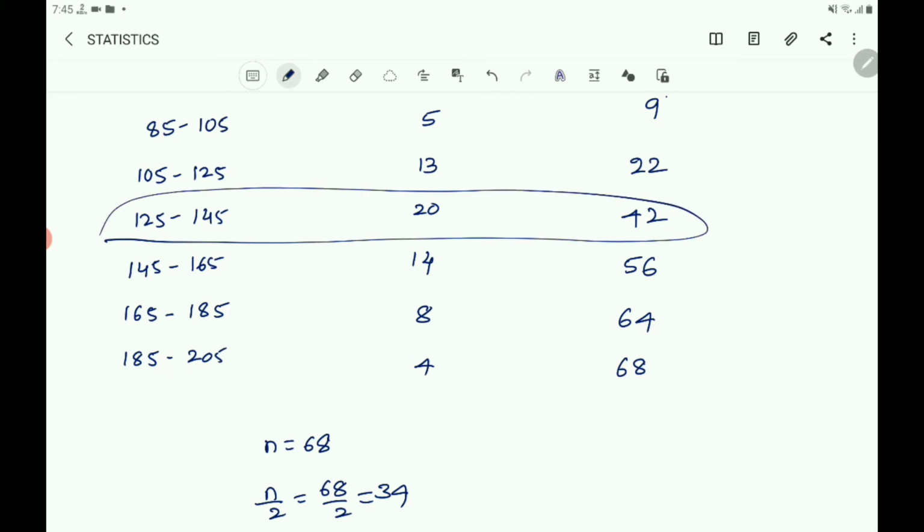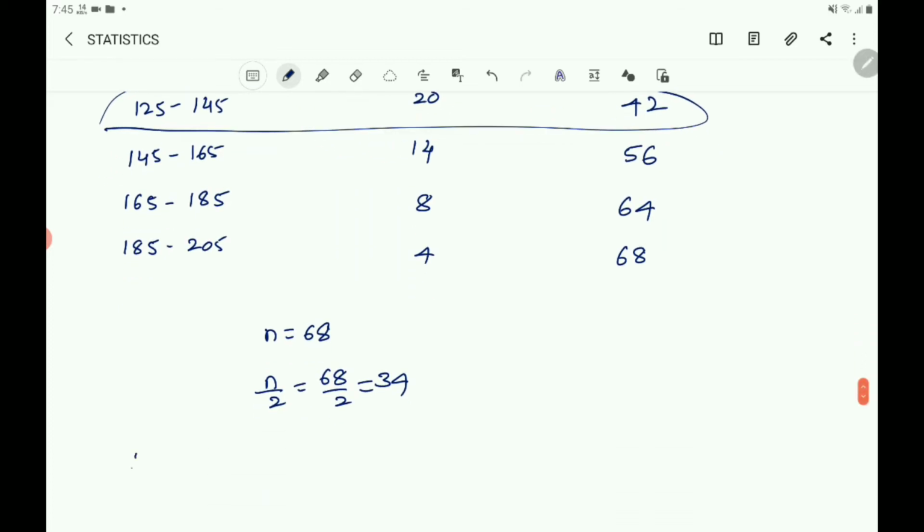What we have got here is that this observation lies in the class 125 to 145. Therefore, 125 to 145 is the median class.